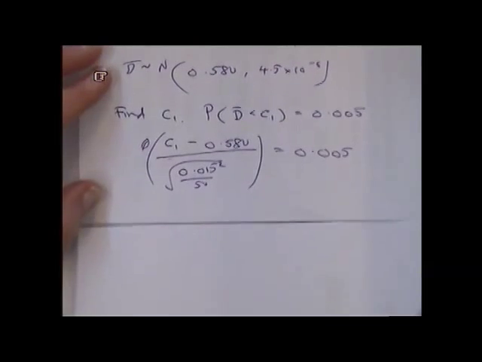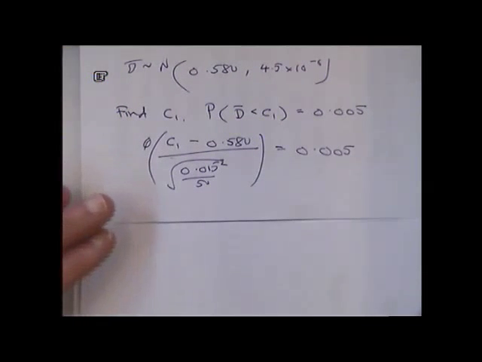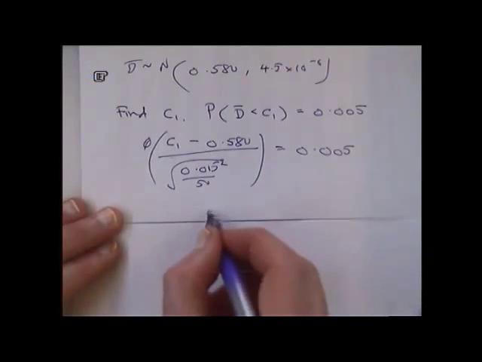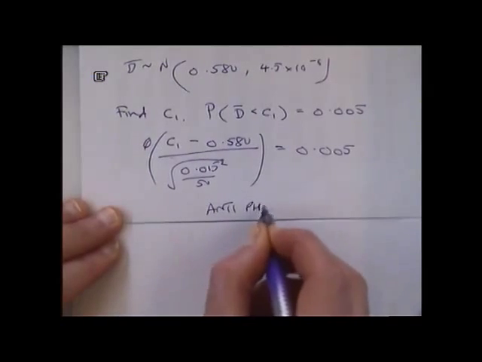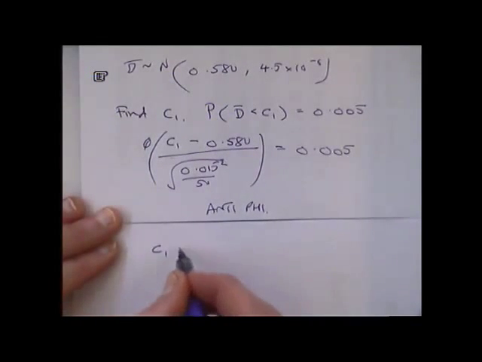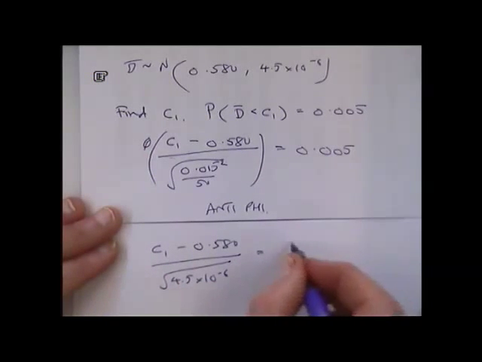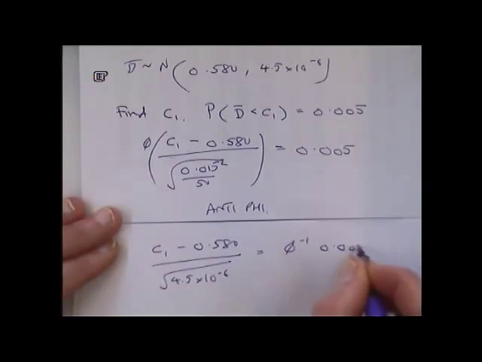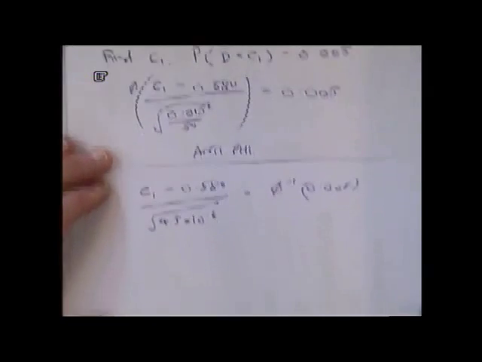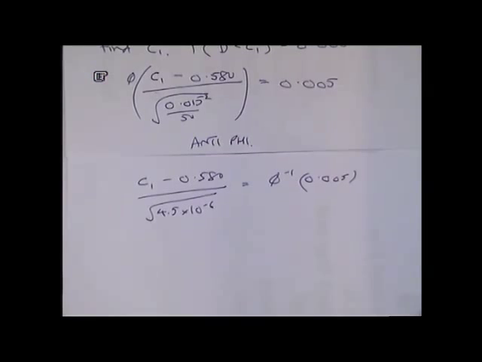And just like last time, what's the next thing to do once we've reached that stage? Anti-phi, yeah. Which on the left-hand side is just taking away the phi. So I've got anti-phi of 0.005. Now that's where the problem comes. You can't anti-phi that.